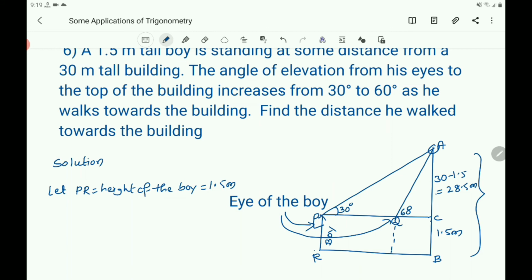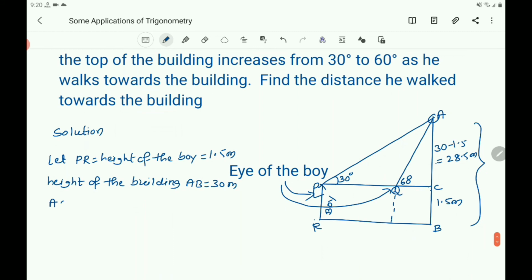So you take here the height of the building AB equals 30 meter.